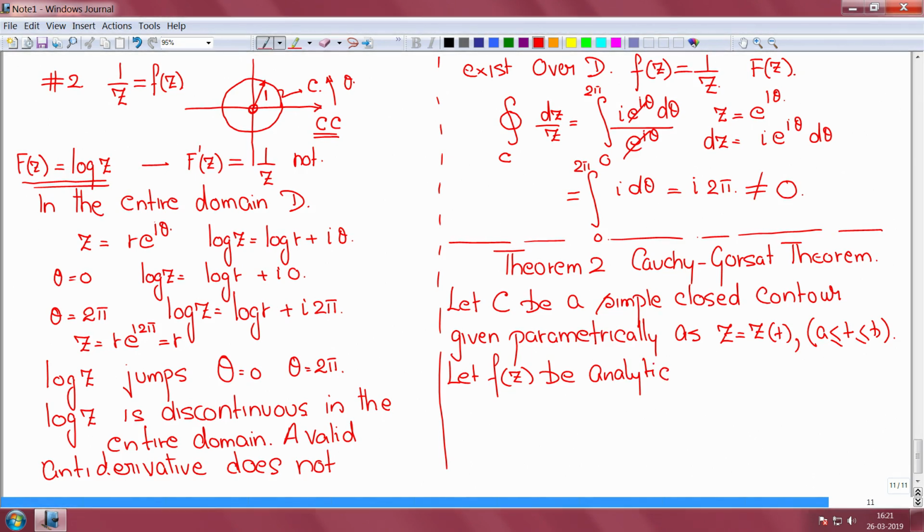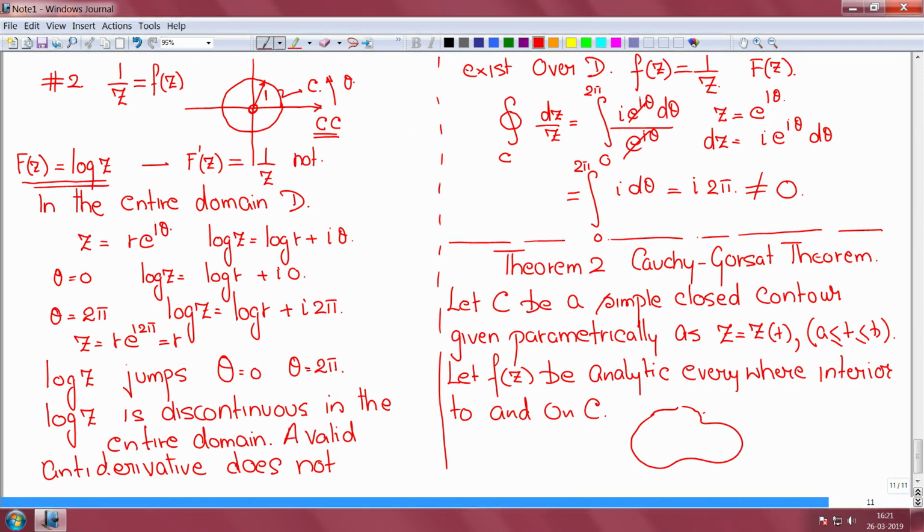Analytic everywhere interior to and on C. So there is this function, there is this simple closed contour in the complex plane, and this function f of z is analytic on and inside this closed contour.